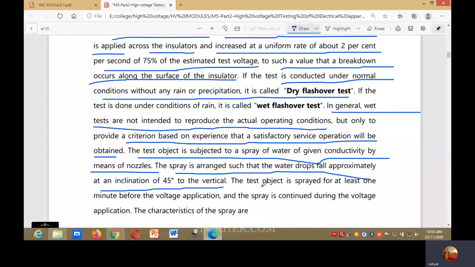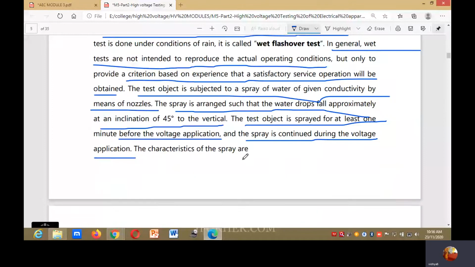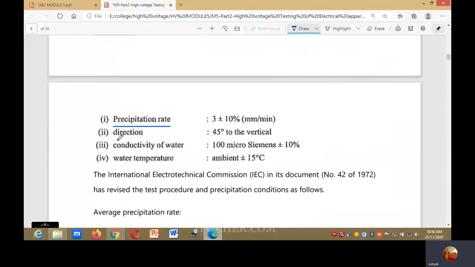The test object is sprayed for at least 1 minute before the voltage application, and the spray is continued during the voltage application. The characteristics of the spray are precipitation rate, direction, conductivity of water, and water temperature.